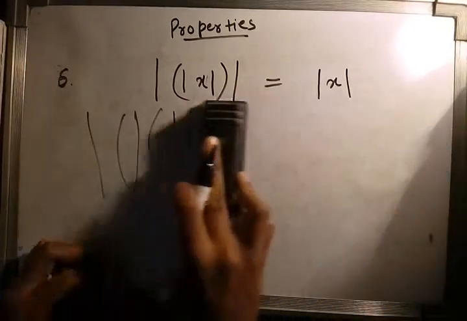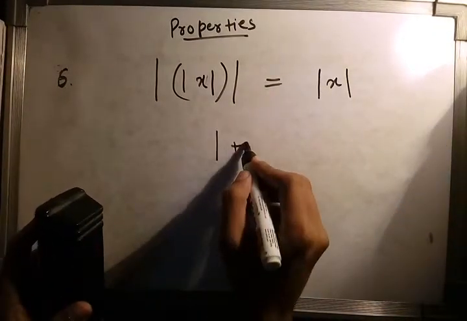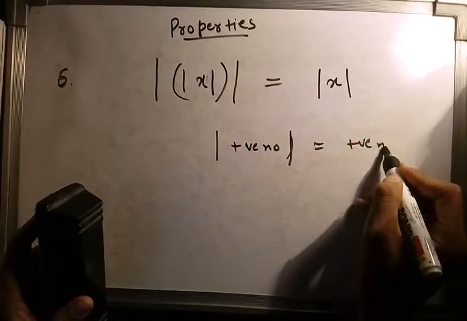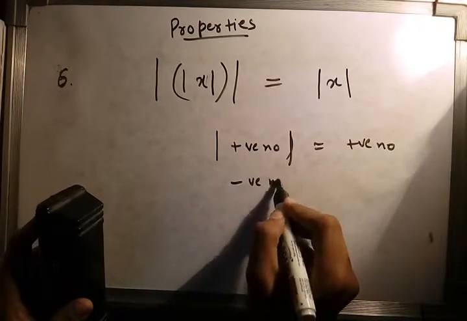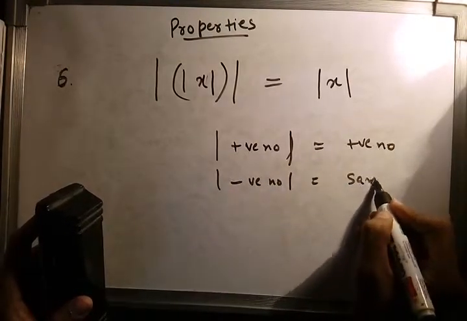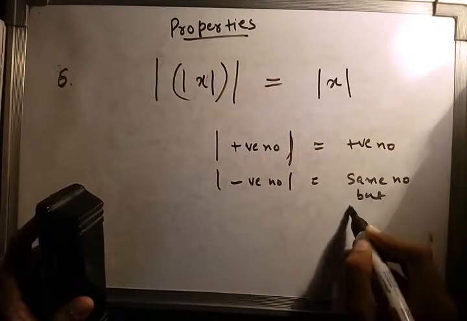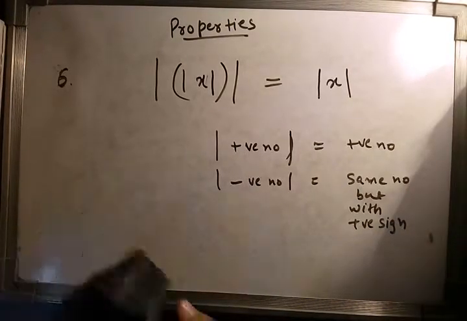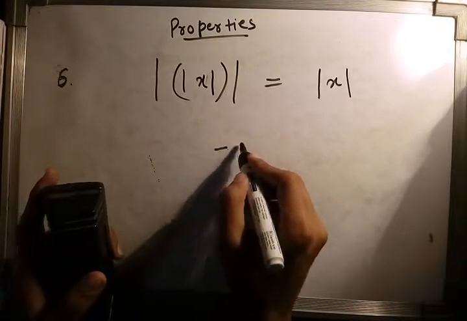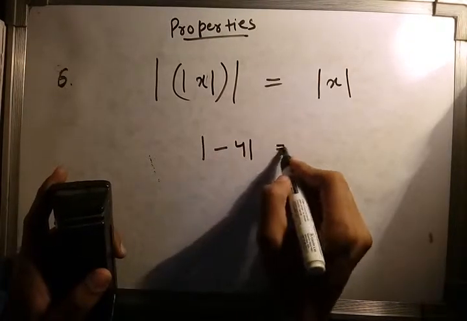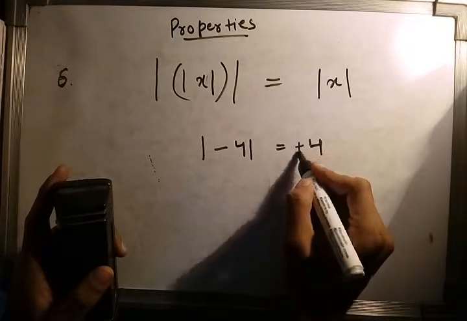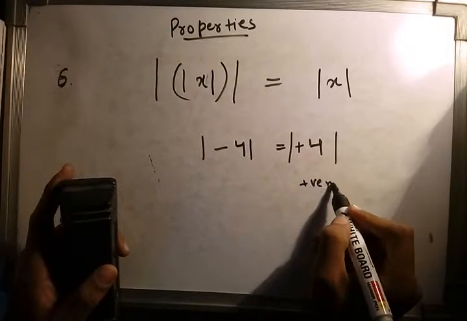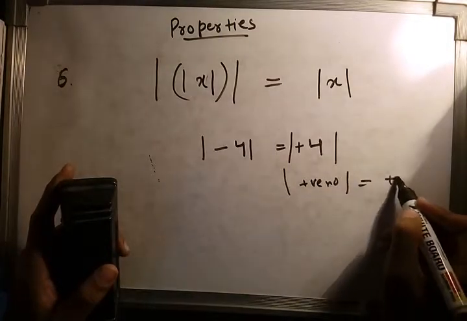And if I again take modulus, it's still going to be the first mod of x. This is a property, and you can check it by yourself, because modulus of a positive number is a positive number, while modulus of a negative number is the same number but with a positive sign. So if we calculate modulus of -4, it gives us 4 with the positive sign, and if I calculate the modulus again, it is the modulus of a positive number, which is again the same positive number.